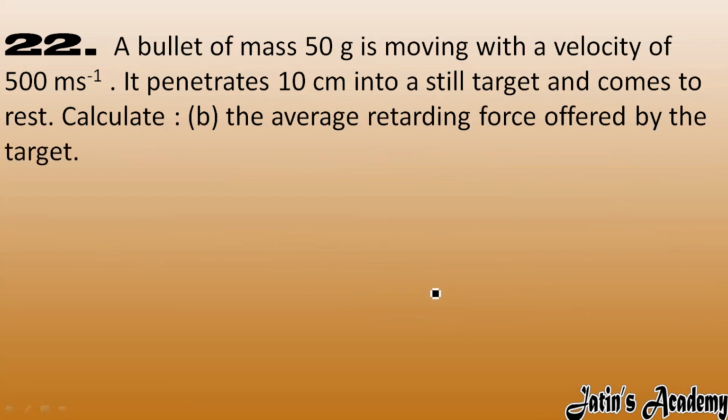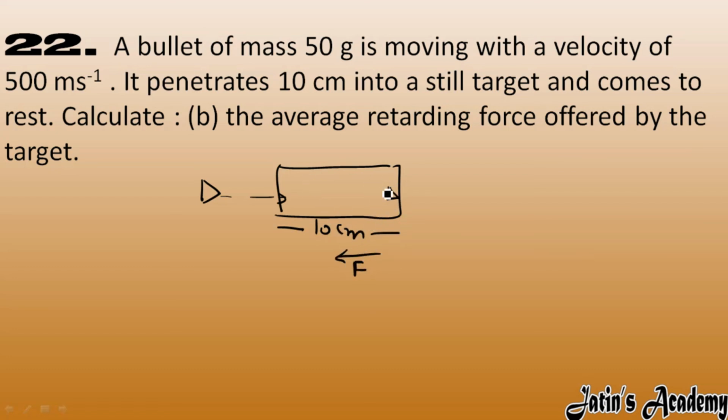Now next we have to calculate the average retarding force offered by the target. What is the meaning of this? Carefully see. There is a block, and the bullet penetrates the block and comes to rest at the last point, 10 centimeter. So this block is applying some retarding force, only then does the bullet come to rest. If the block did not apply any retarding force, the bullet would not come to rest. So it means the whole kinetic energy is absorbed by this block.